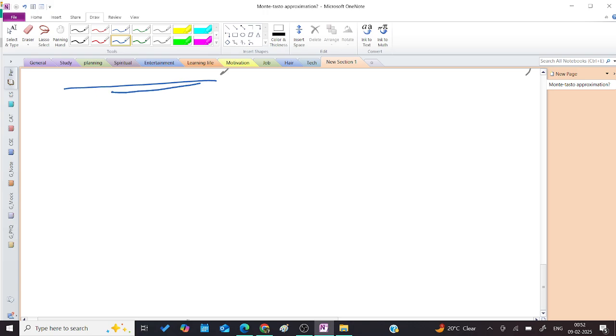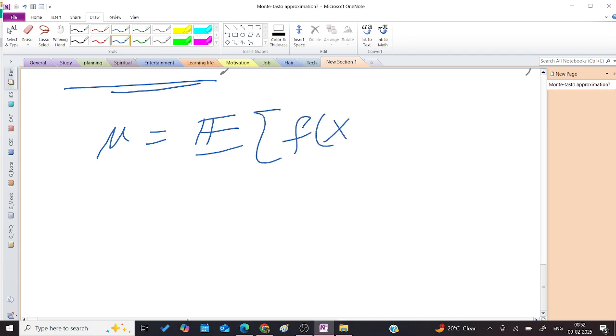So suppose the exact mean of a function f(x) is mu, and the Monte Carlo approximated mean is mu hat.